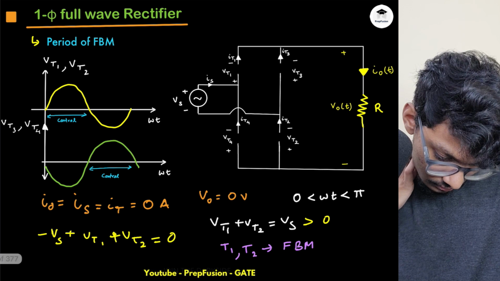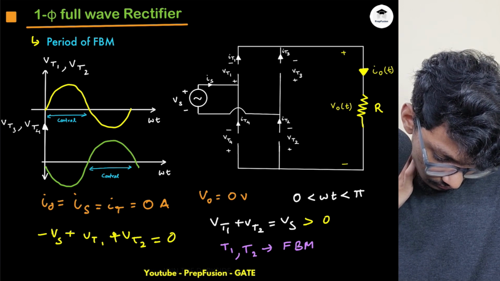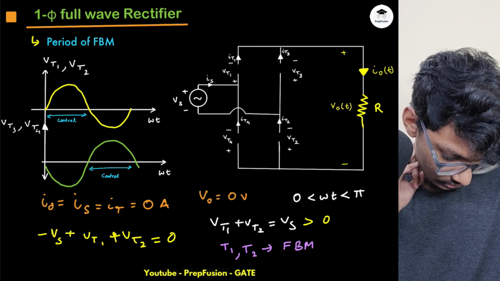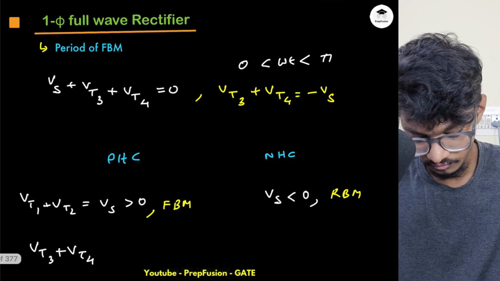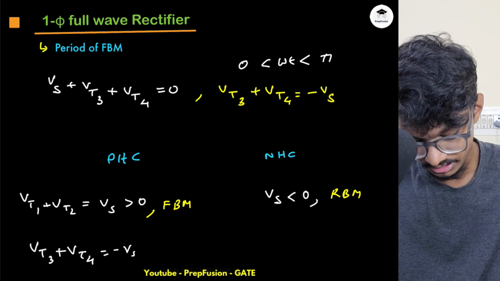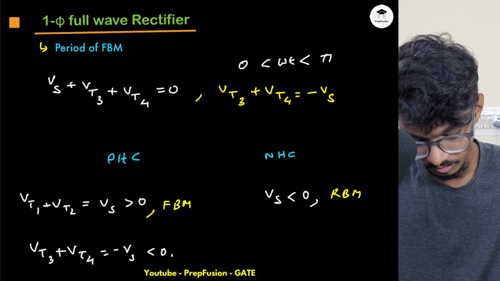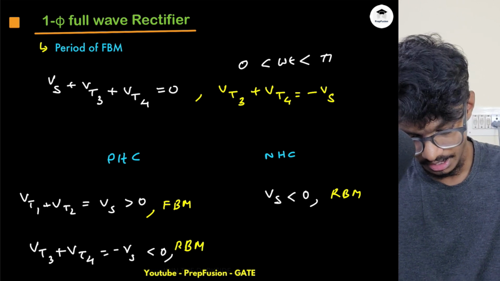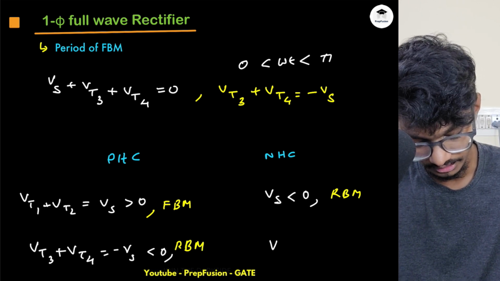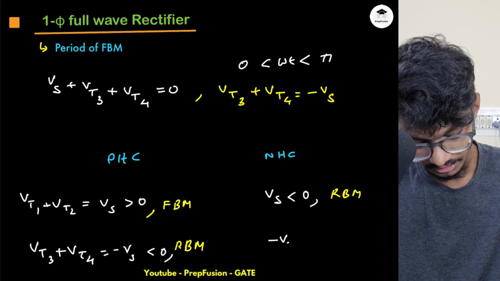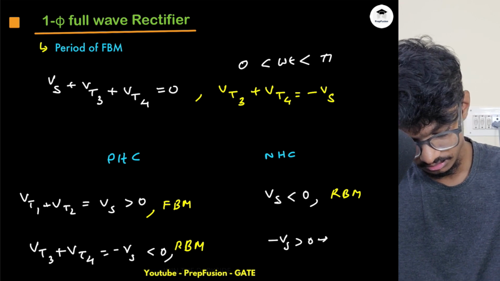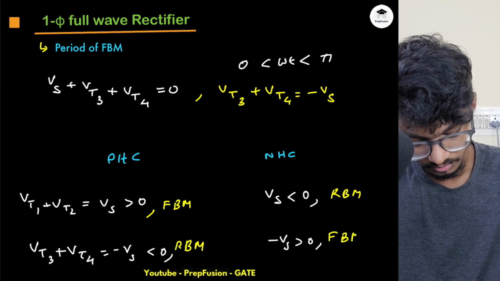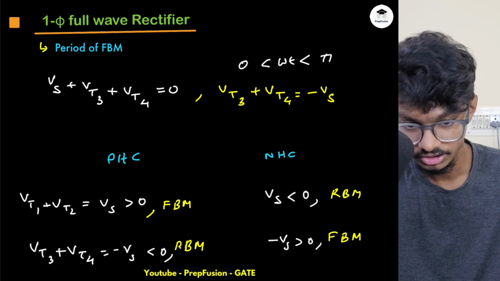This is grounded, so VT3, VT4 I can say is equal to minus Vs. So obviously this whole thing will be less than 0, so this will be in the reverse blocking mode here. And here, as minus Vs is greater than 0, this will be in the forward blocking mode.